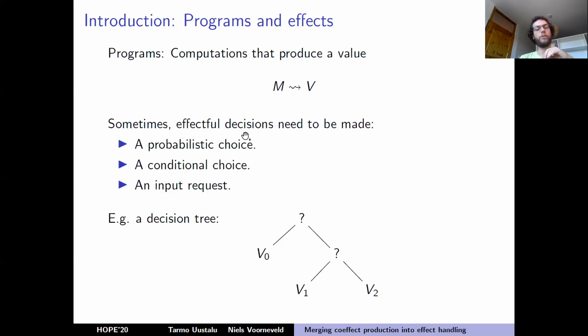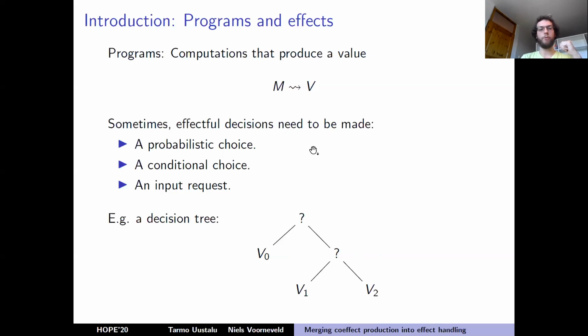But in some cases, there might be some effectful behavior that arises either specifically by the designer of the programming language using some choice operations, or by some other situation that arises when evaluating the program. And this effectful behavior may alter what kind of result the program produces.